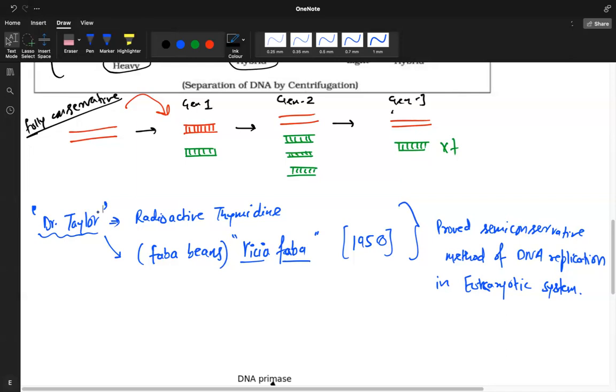And the model system that they used was a plant called faba beans. You can just Google and see the image. I think you'll all understand and relate to it.